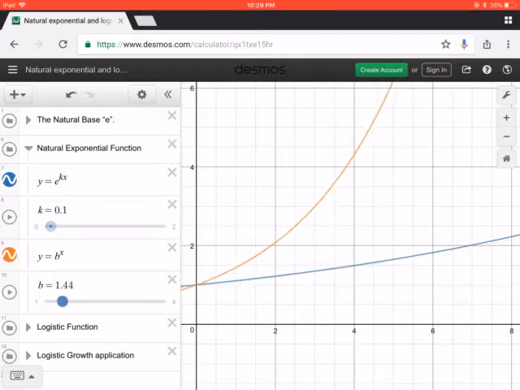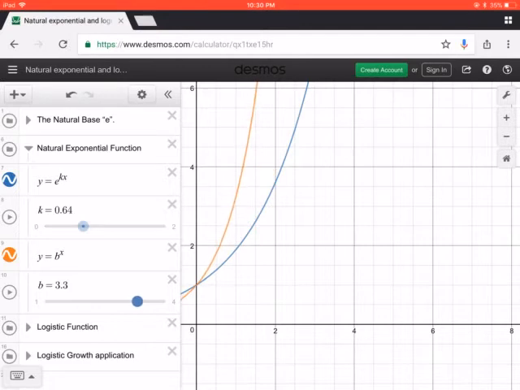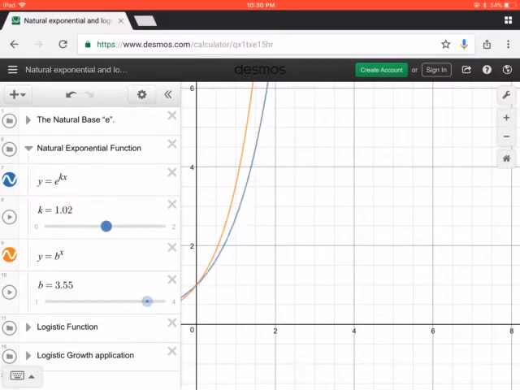And I'm going to change it up here now, and I can find some value of k that will make this equal that function. And show you one more time. This brings us all the way up here. I can find some value of k that will make this base E function equal to it.